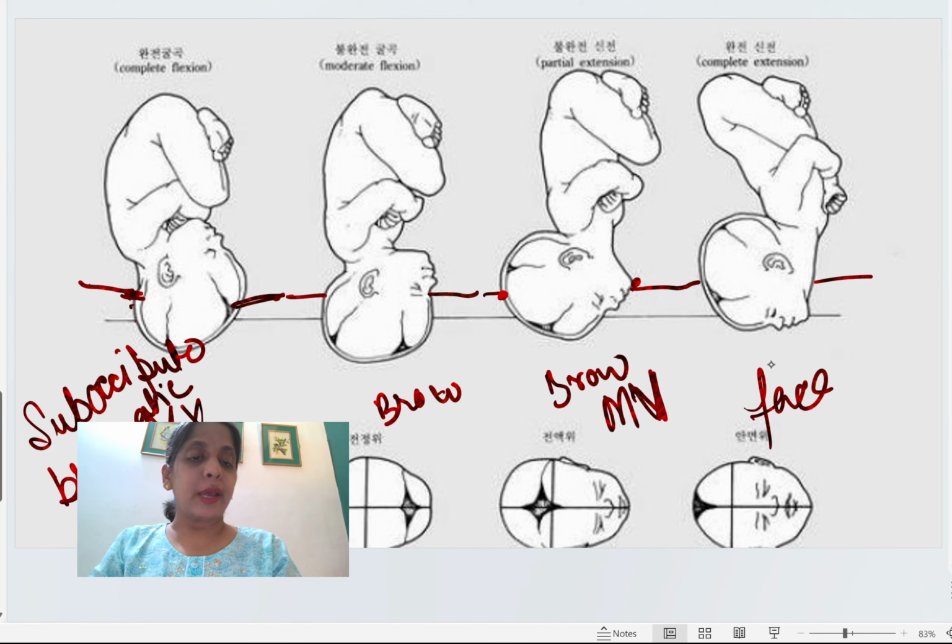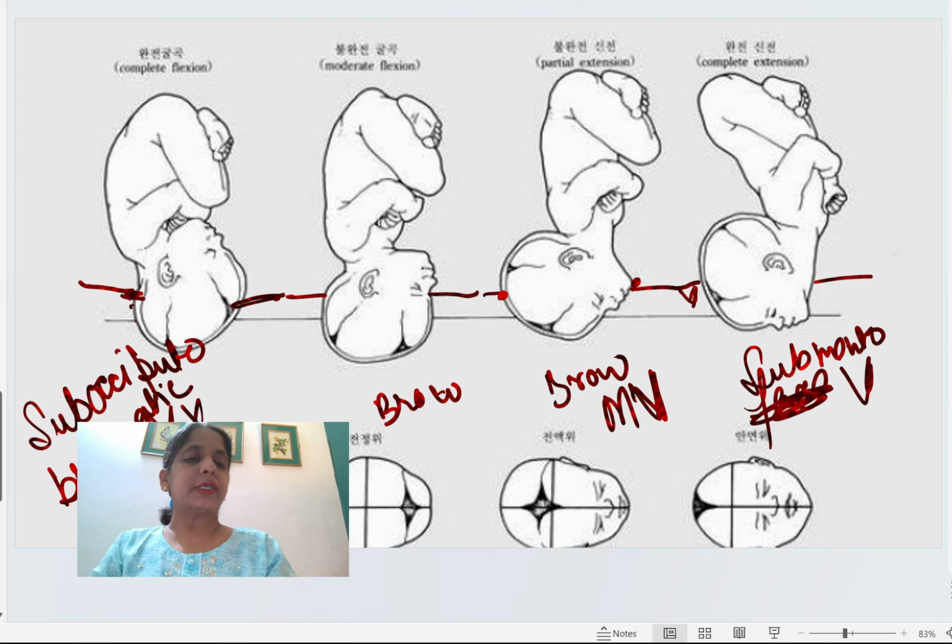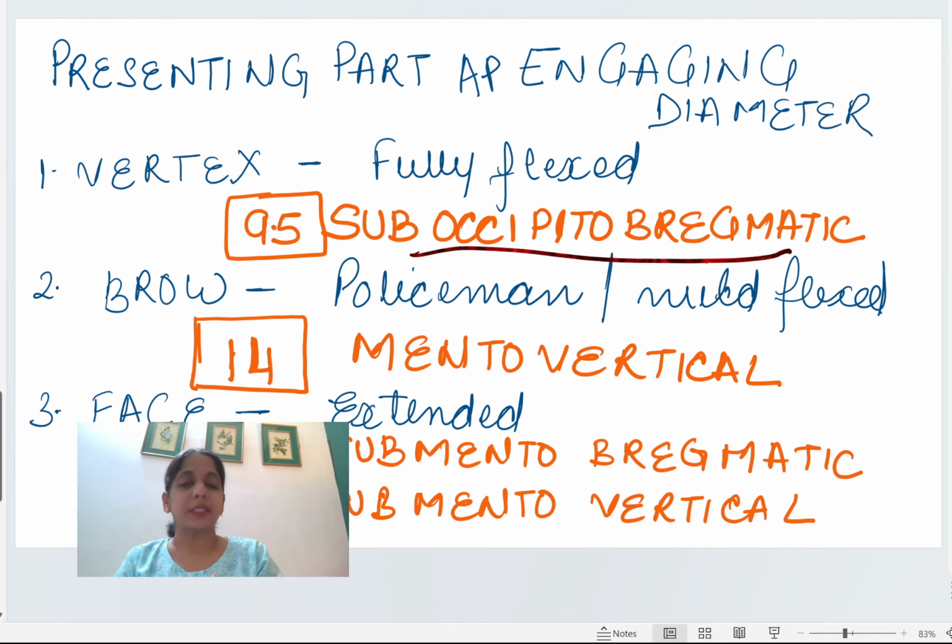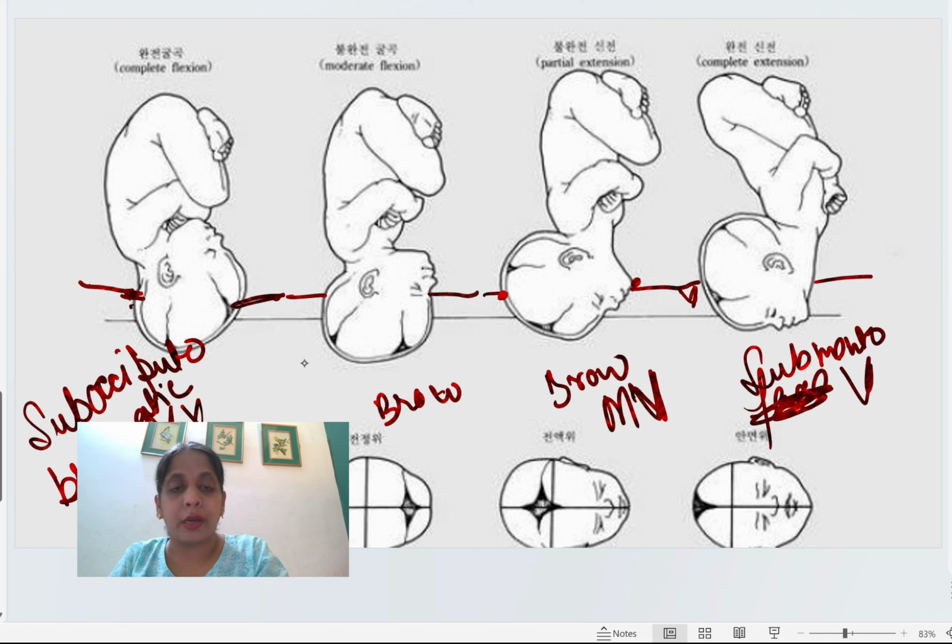And here it is submento-vertical in the face. So in the vertex presentation it is suboccipito-bregmatic, in the brow presentation it is mento-vertical, and in the case of the face presentation it is submento-vertical.